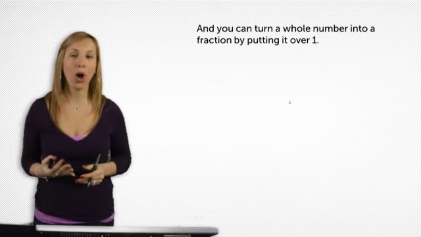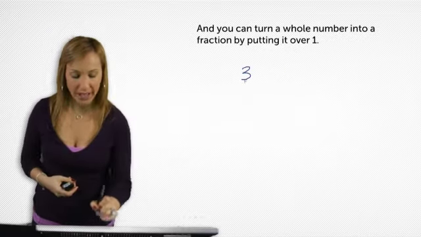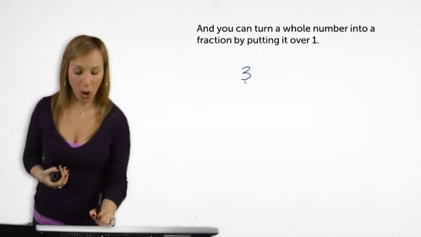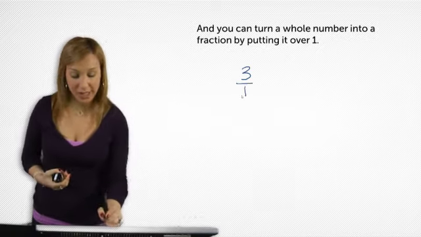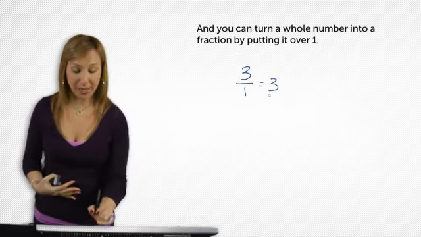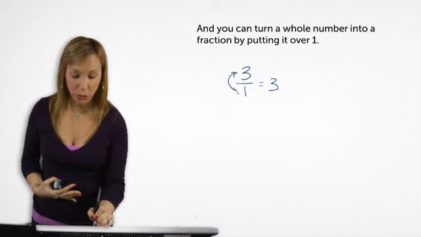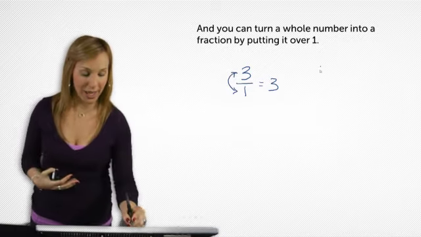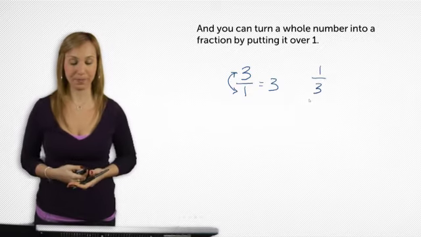Now, what about whole numbers? What if I want to find the reciprocal of the number 3? Well, if I put the number 3 over 1, which is the same as 3, then I now have a fraction that I can flip upside down. If I switch this numerator and this denominator, I find that the reciprocal of 3 is 1/3.